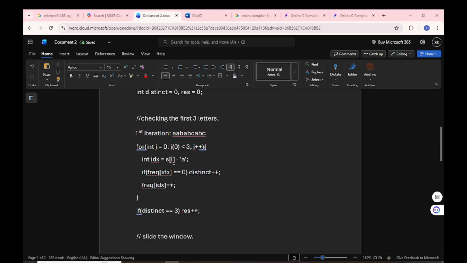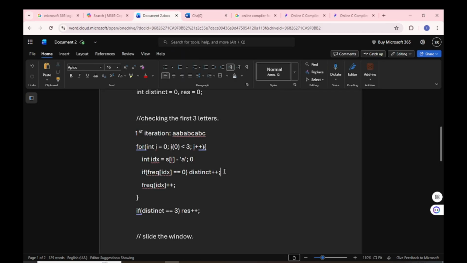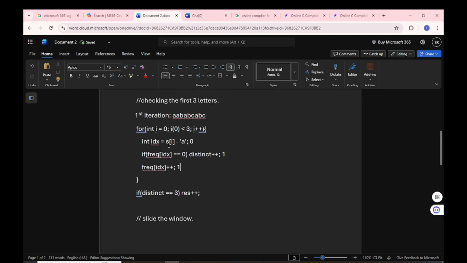That means, guys, s[i] is this a minus a, that means 0, right? So idx is 0. So in the 0th position we have the 0, right? So distinct would be 1, and this position, these values would be 1. So we need to provide here 1, right?